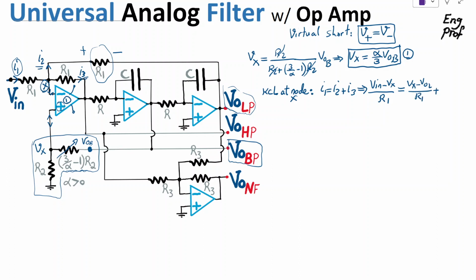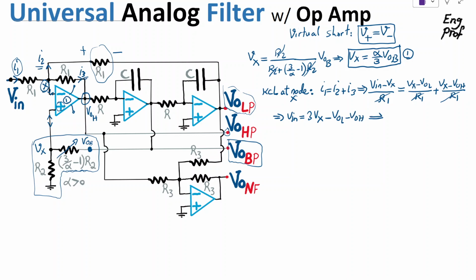Plus, finally, for I3, it's across this resistor R1, and it is simply Vx minus this node, which happens to be Vout high pass, divided by still R1. The nice thing is these R1s cancel out from all sides, and then what we get is simply Vin is equal to 3 times Vx minus Vout low minus Vout high.